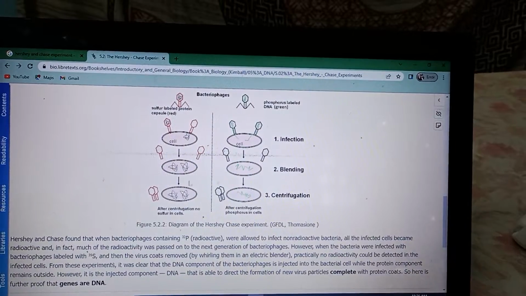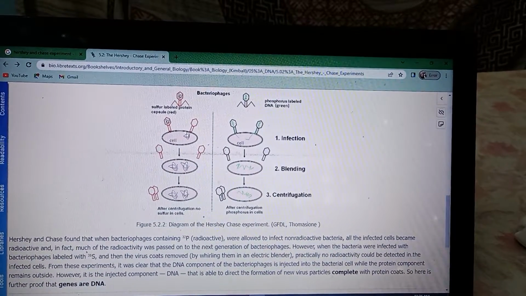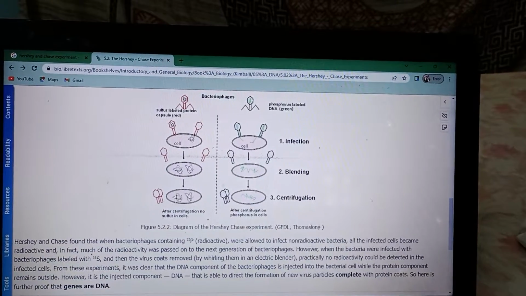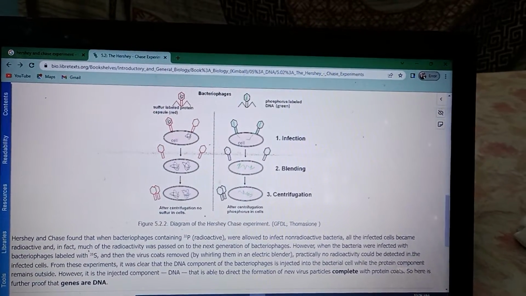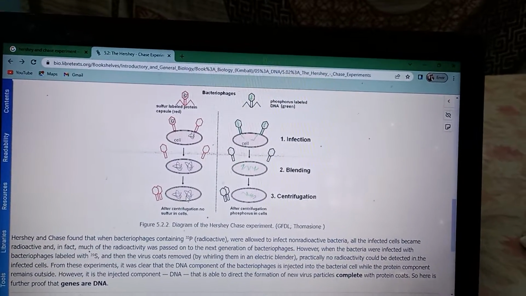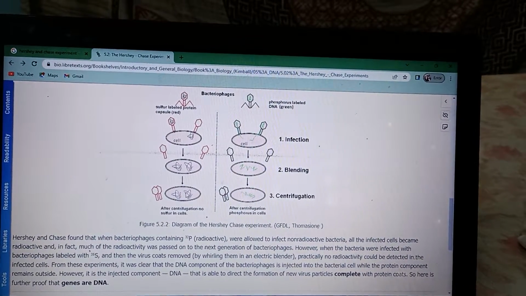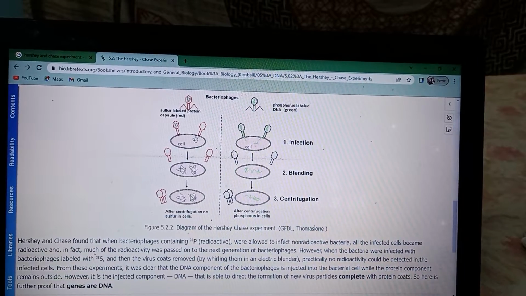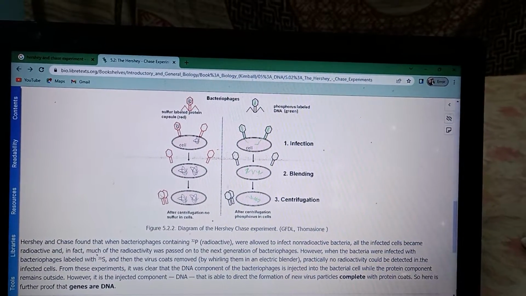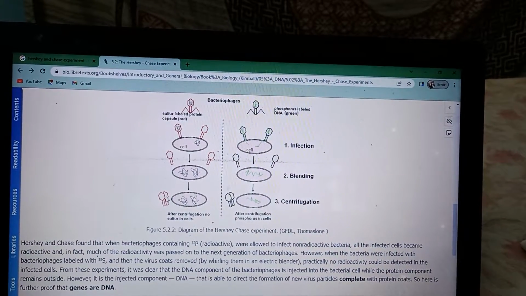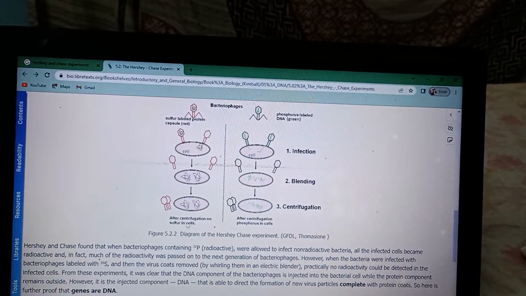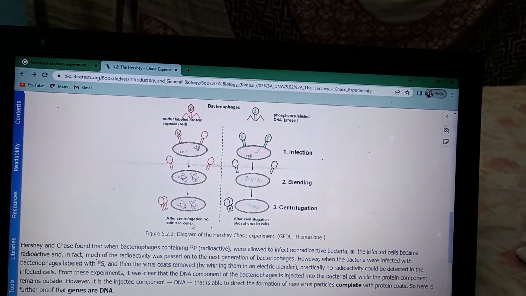If you label with sulfur, it goes to the protein alone. So what remains is the genetic material alone, which we didn't label; we just labeled the protein capsid. So after centrifugation, there is no sulfur in cells.